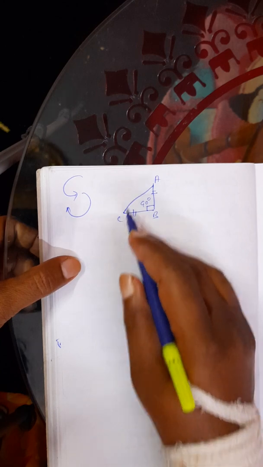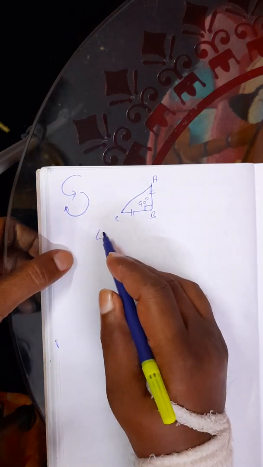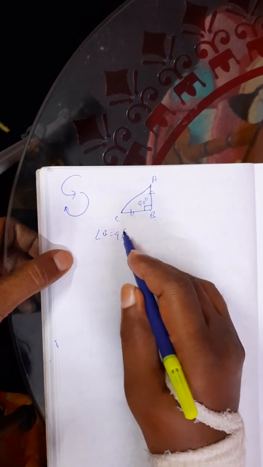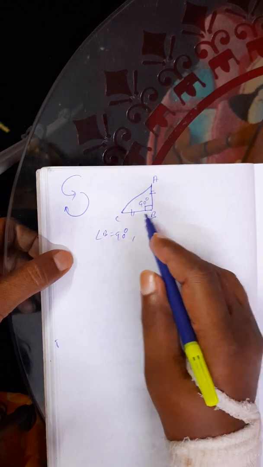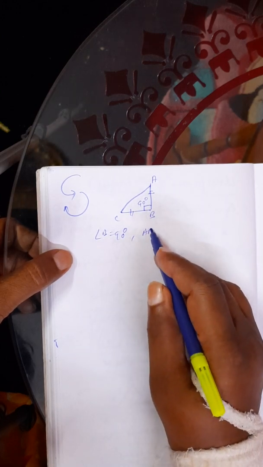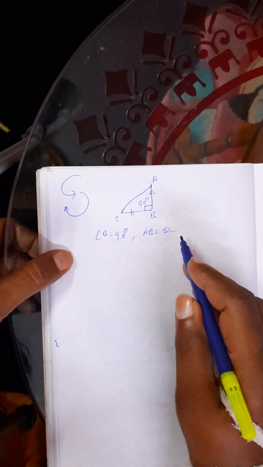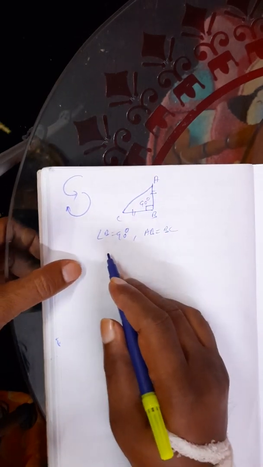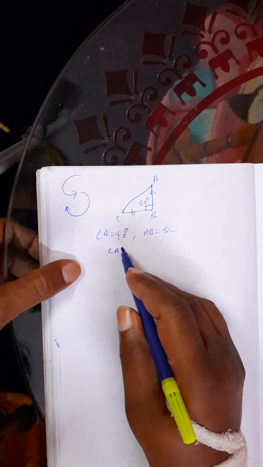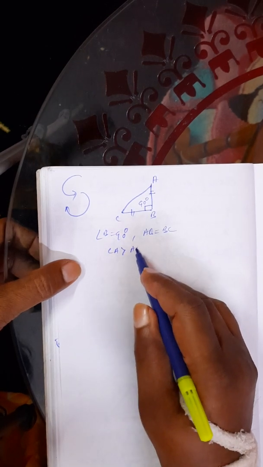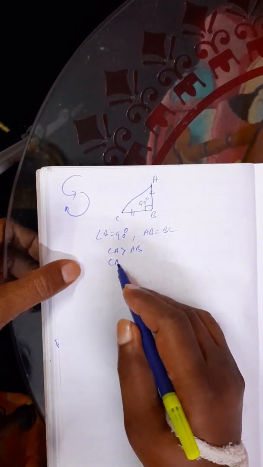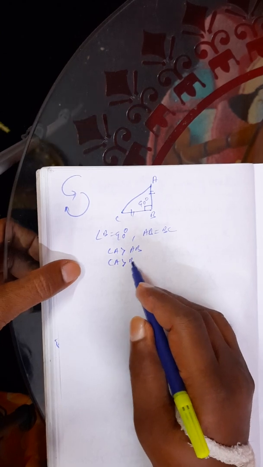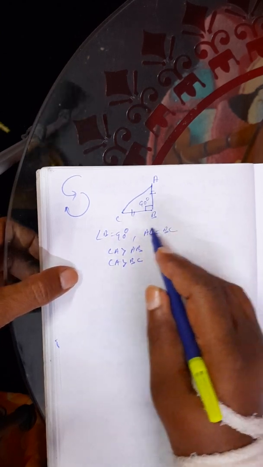Here angle B is 90 degrees, and the two sides making this angle are AB equal to BC, and the side opposite is always greater than these two. CA is greater than AB and CA is greater than BC.